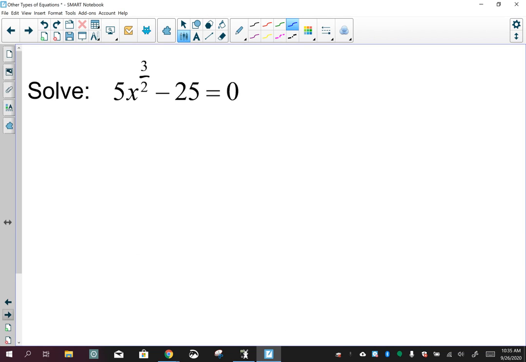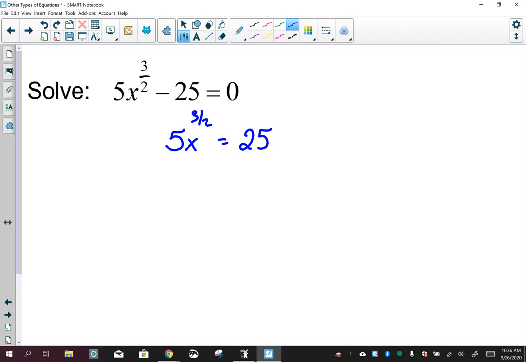So here we go. I'm looking at this here, and I've got 5x to the 3/2 is equal to negative 25. So the first thing I'm going to do is move that 25 over, so I get 5x to the 3/2 equal to a positive 25.